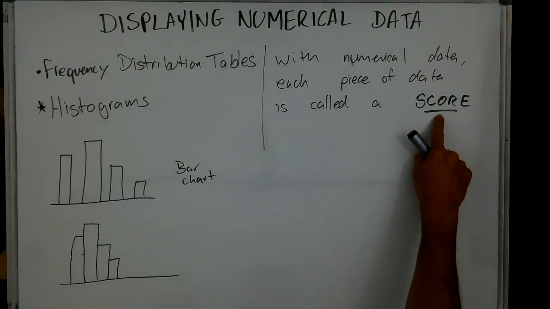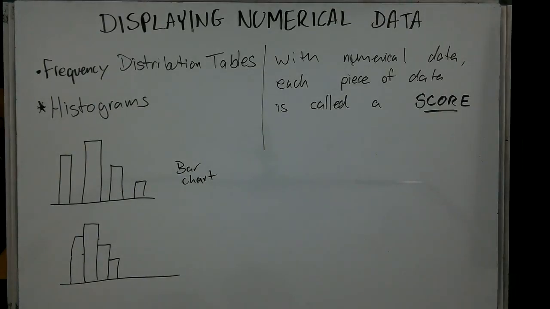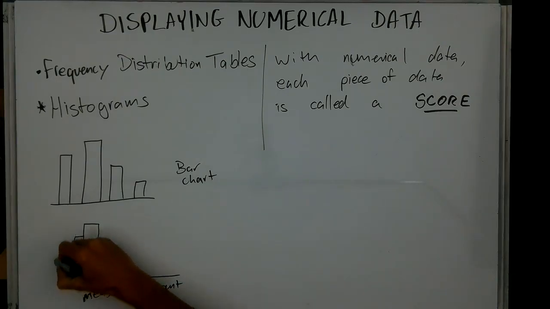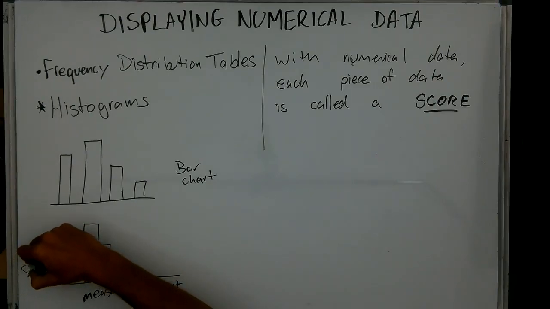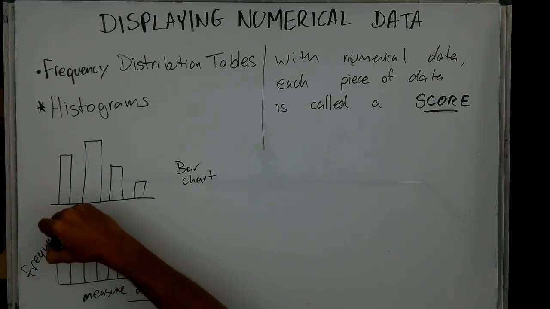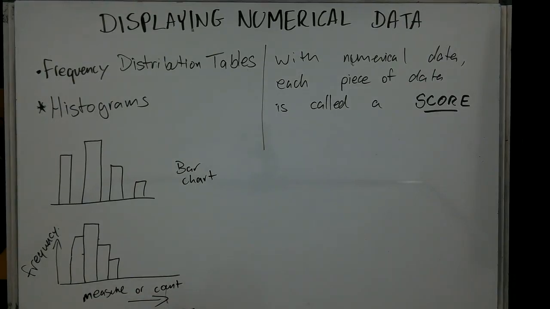The scores, the actual data we measure or count, are plotted on the horizontal axis, and the frequency goes up the vertical axis.